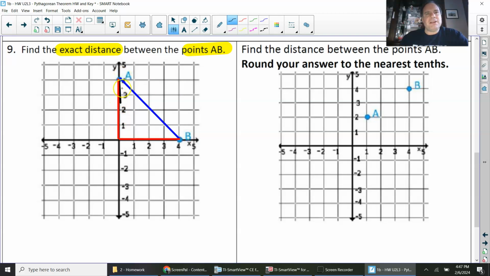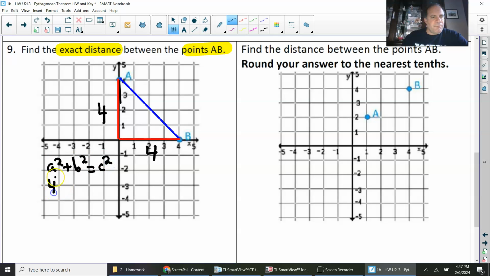Once you have the right triangle, now you can count your sides, the legs. 1, 2, 3, 4. So we could put 4 here. 1, 2, 3, 4. We could put 4 here. So right now we could just go ahead and put a squared plus b squared equals c squared.